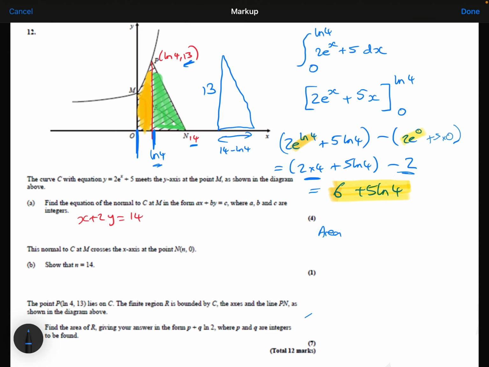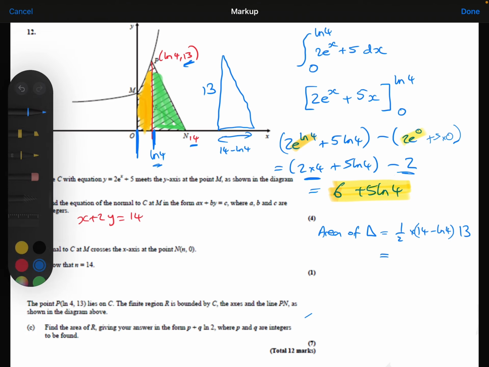So for the area of the triangle, I'll have half the base, which is 14 minus ln 4, times the height, which is 13. Right, to simplify this, now the 14 will divide by the 2 easily. The ln 4, I can rewrite this, and I was given another clue.